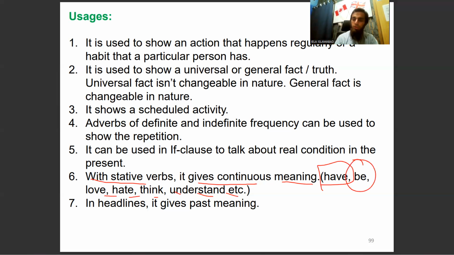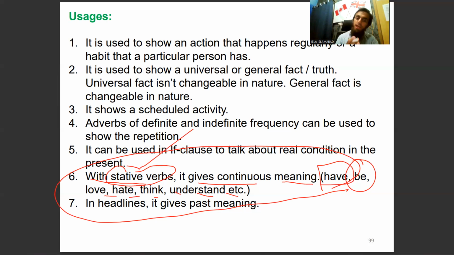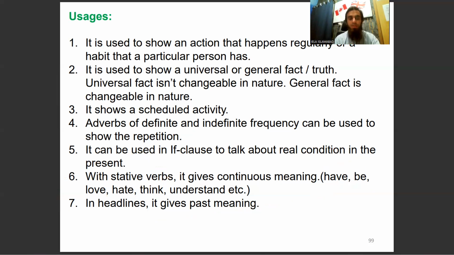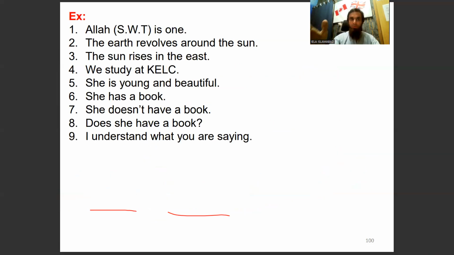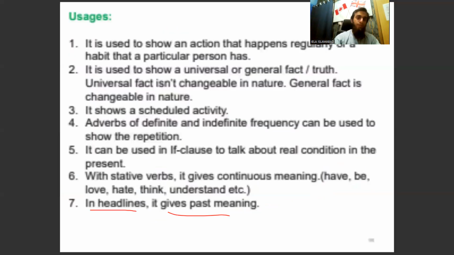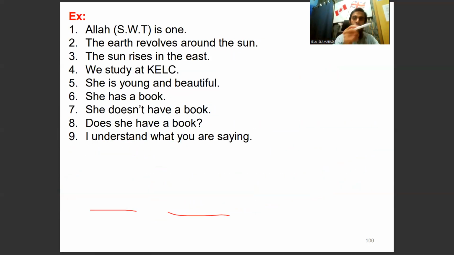I want to be a doctor, right? Now, all these are called stative verbs which show state, and with these we use the simple structure sentence, right? Next, in headlines, it is used with past meaning. Sometimes we can mention it and use it in the past meaning as well. But these are the crucial usages of present simple tense, which a person should understand. And now we have examples for what we have discussed so far.